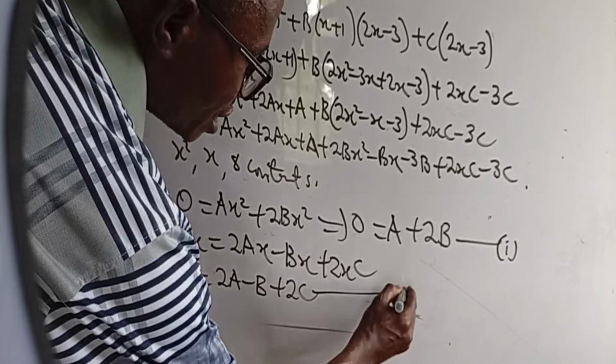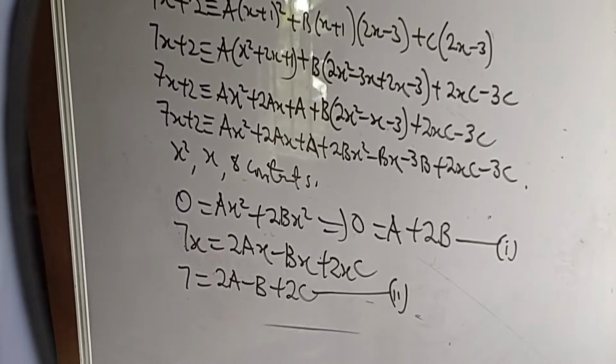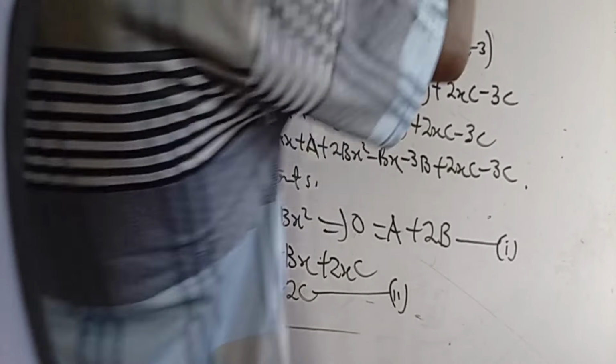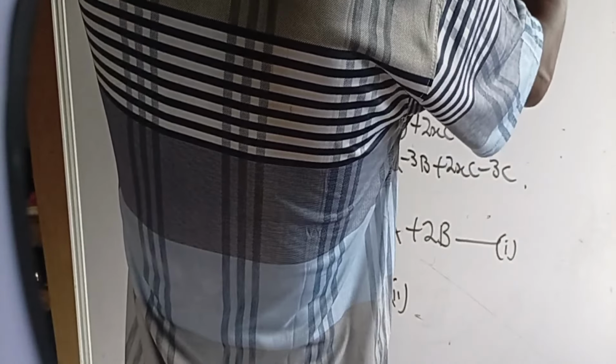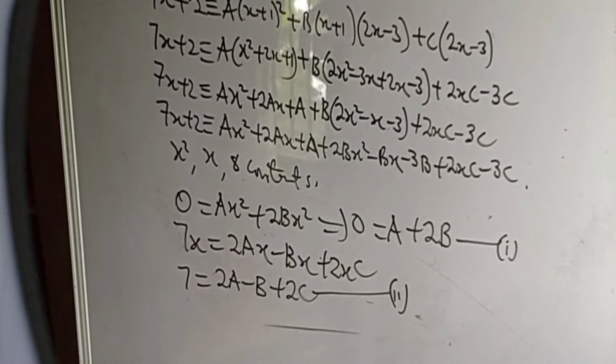Let's call this one equation 2. I think we will need to write them somewhere, so that 0 equals a plus 2b, and 2a minus b plus 2c, equation 1 and equation 2, so I shouldn't have issues when I need them.